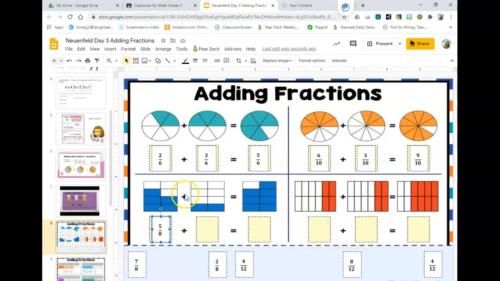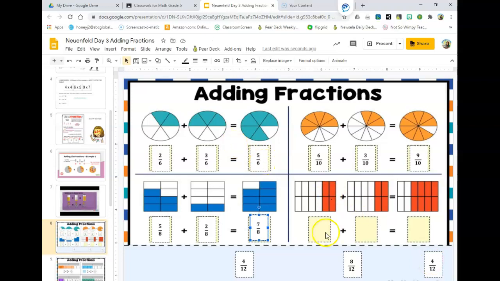Now let's see how many we're adding. 1, 2. Up, 2/8. So we're going to add 2/8 to this. 5 plus 2 equals 1, 2, 3, 4, 5, 6, 7. 7/8. That's correct.